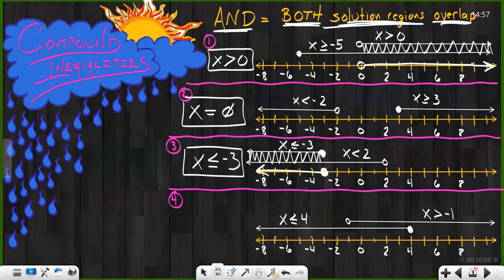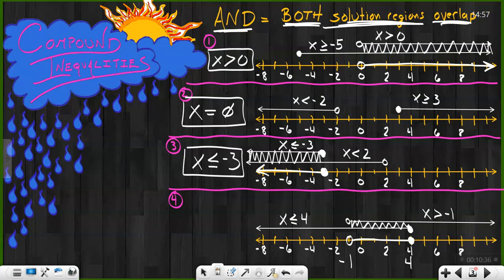And then our last one here, we see the overlap. They overlap in this region right here in the middle. It's everything from, but not including, negative 1, all the way up to and including 4. So it's a filled in circle. Now, this is where it's a little bit more of a challenge to write our inequality, because now we can write it as a compound statement. To do so, write your lower boundary and your upper boundary.